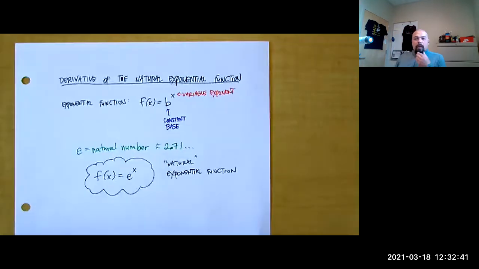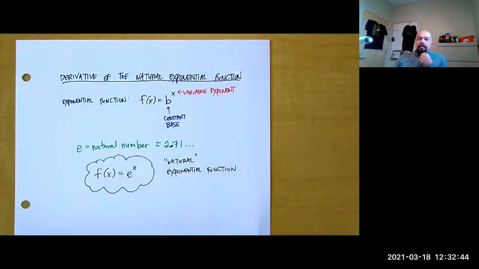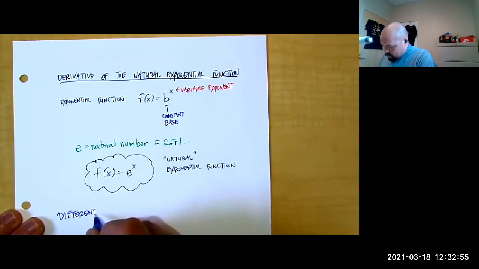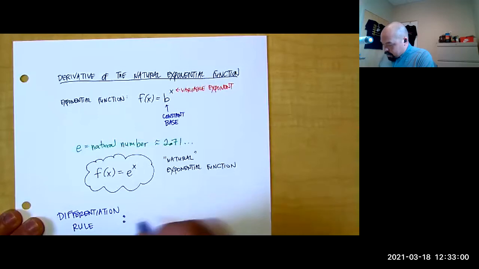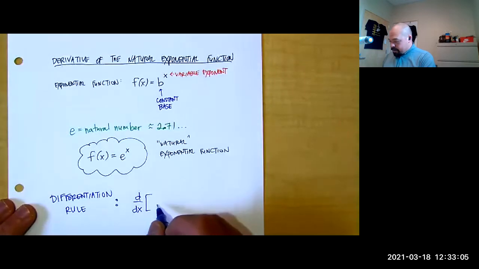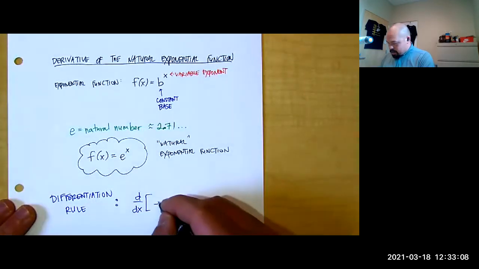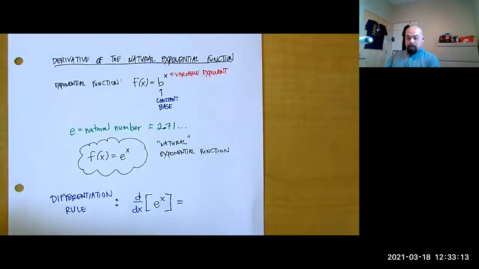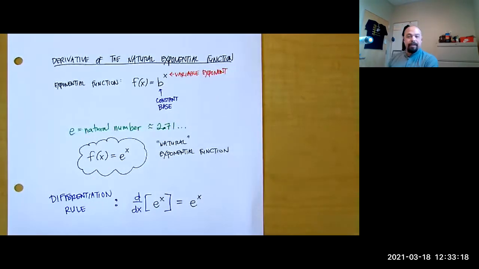Okay. In the book, they have this derivation. I'll let you look at that. But what's key here for our differentiation rule is that when we take the derivative d/dx of the exponential function, it's equal to the same exact exponential function.